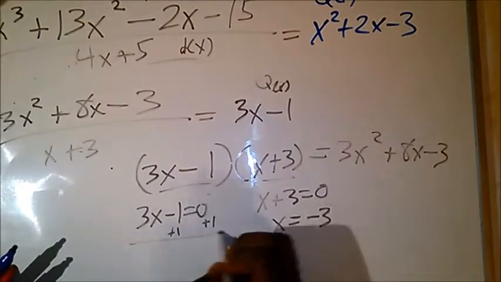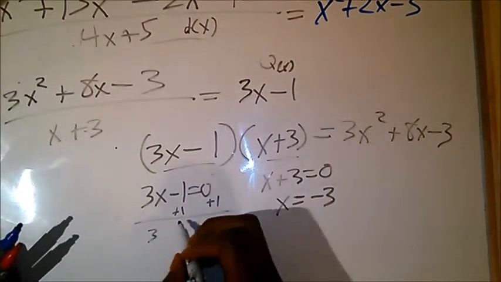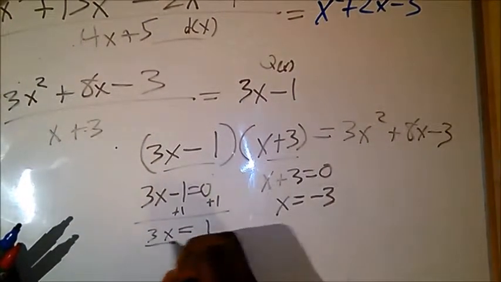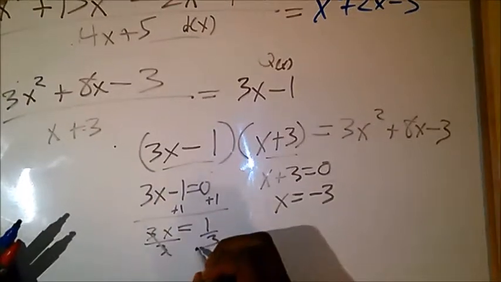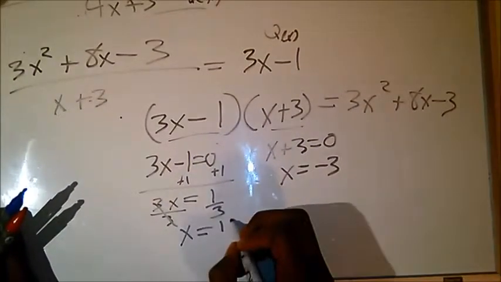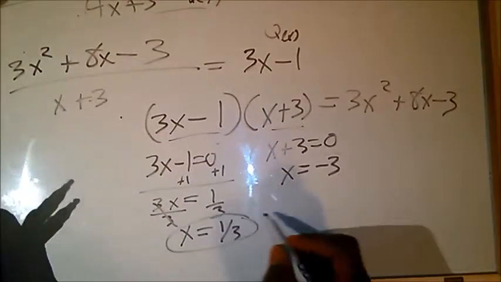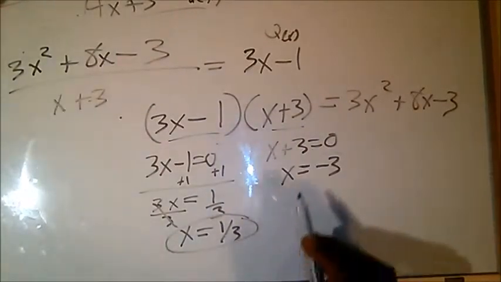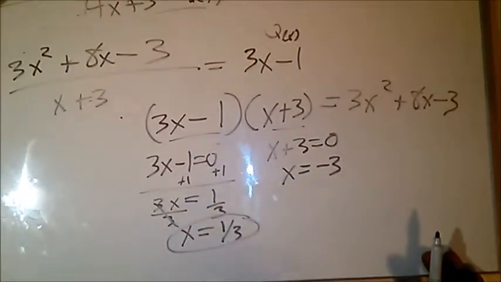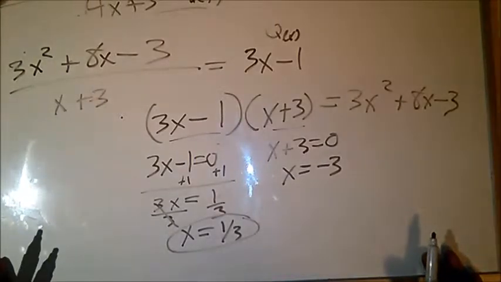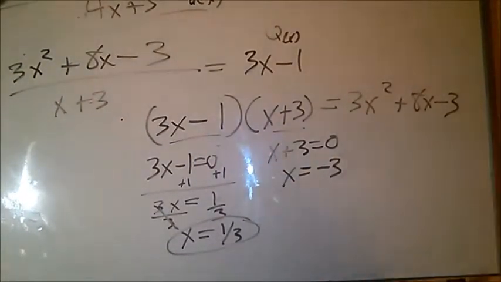The 1 goes on both sides. Then we have 3x equals 1, divided by 3. x will be equal to 1/3. So we have another zero. The zeros are x equals 1/3 and x equals negative 3. So this is how long division can be helpful in determining the zeros of polynomial functions.